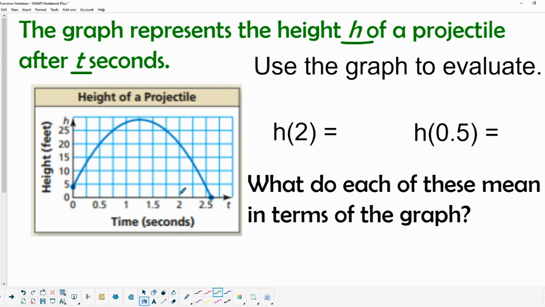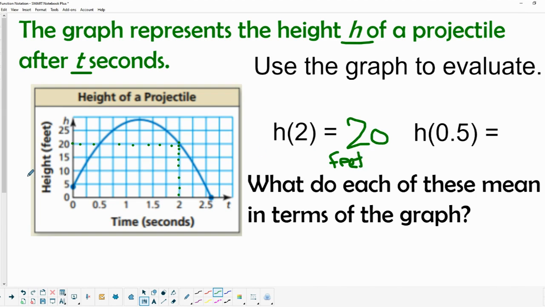So after 2 seconds, how high is the projectile? We go from 2 up to where we hit our graph. Then we line up on that point and go over until we hit the y-axis, and we find out we lined up at 20. So at time 2 seconds, we are 20 feet above the ground.